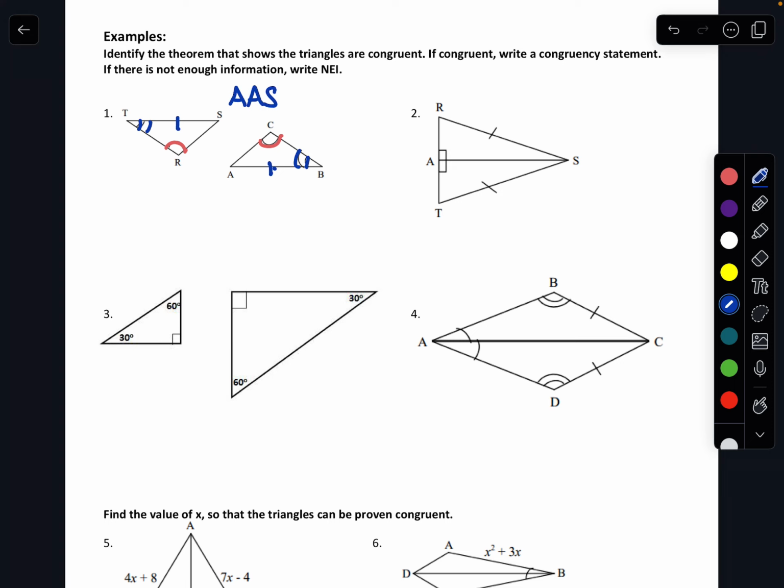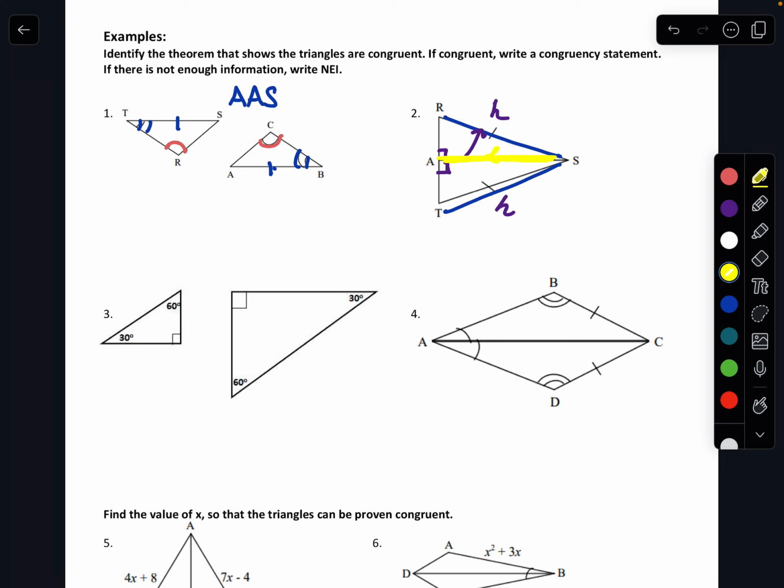All right, how about this one? We've got a side that's congruent, and I see the right angles, so those are the hypotenuses. And we also know that these legs are congruent because it's the same side.